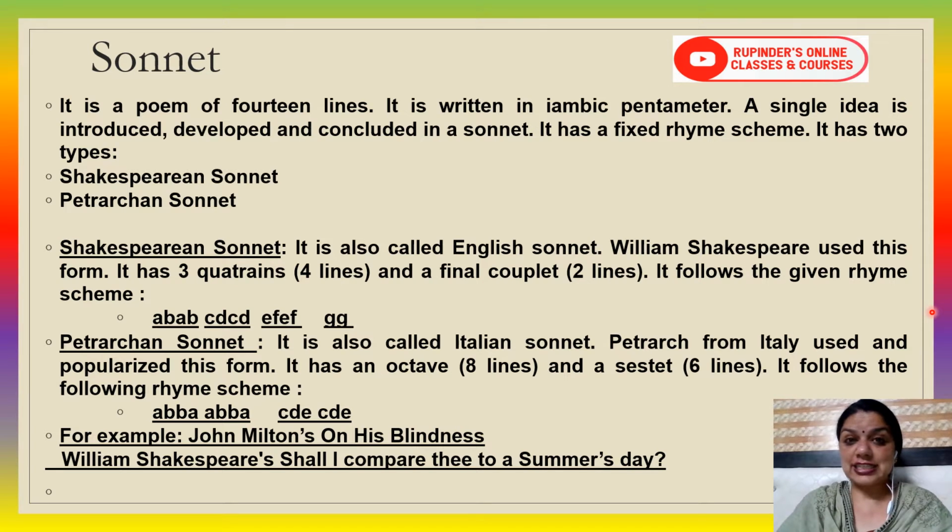So let's have a look at this particular world famous sonnet, Shall I Compare Thee to a Summer's Day, and understand the rhyme scheme, how to identify this rhyme scheme.